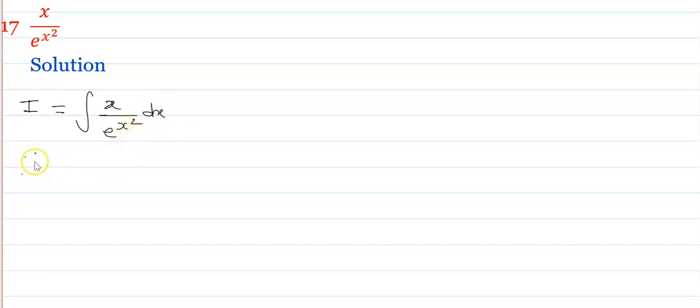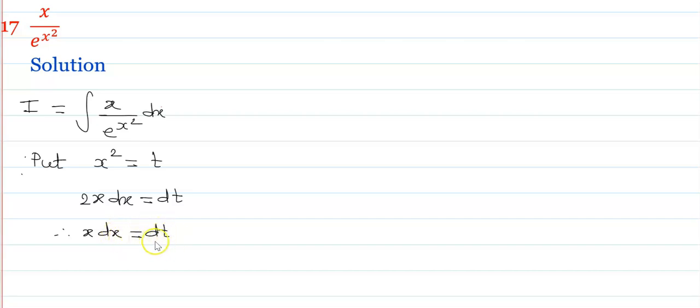And therefore, put x square is equal to t. Its derivative is 2x into dx is equal to dt. Therefore, x into dx is equal to dt upon 2.